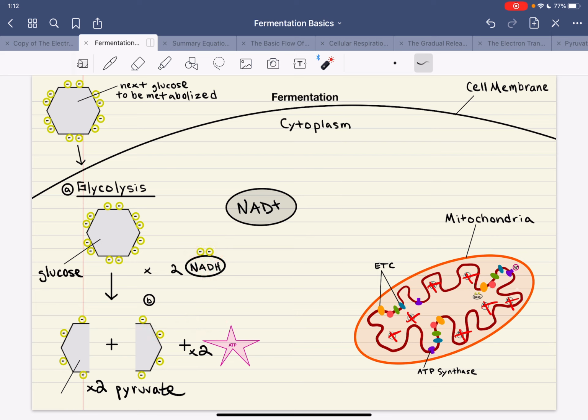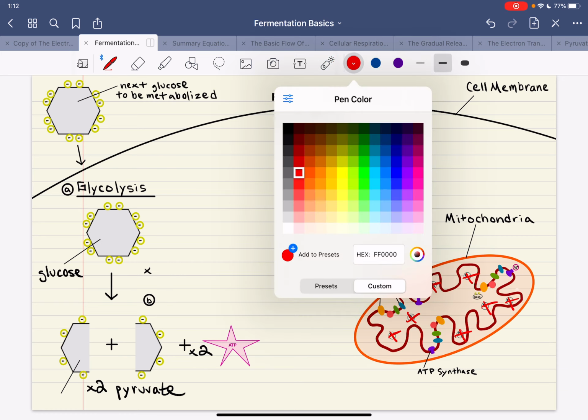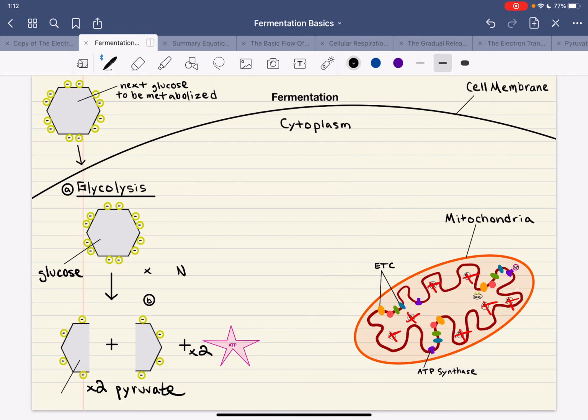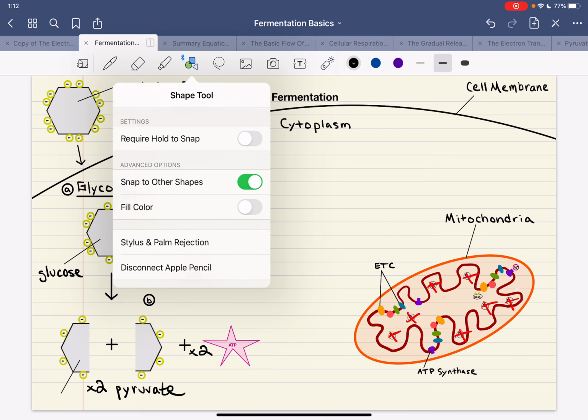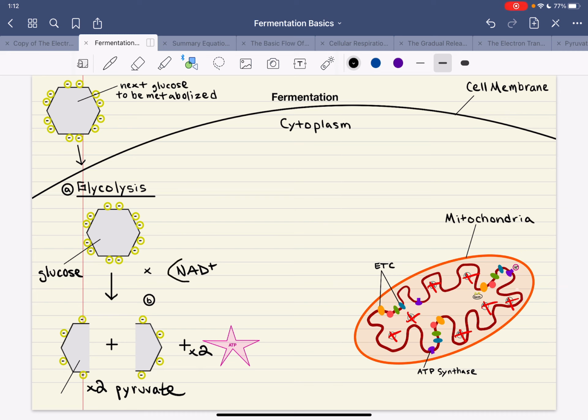The result of that would be NAD plus again. And we can keep doing glycolysis over and over again, each time generating 2 ATPs.